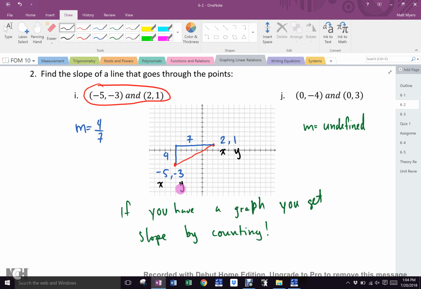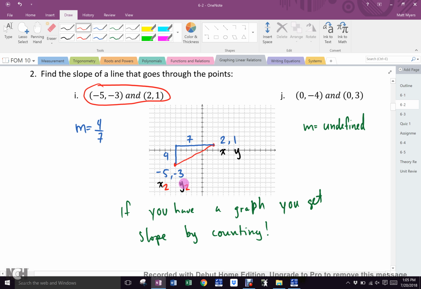No. So I cannot leave them with the same letters, because if I labeled them both as X, they would equal the same thing. They do not. So one of these is X1, the other one is X2. Who decides that? You do. There is no right or wrong way to do it. But what you can and will screw up is if you make this guy X2, what does that make this guy?